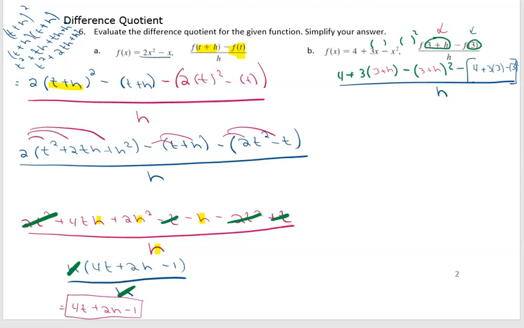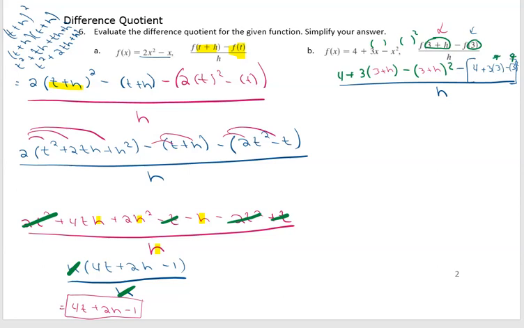Let's do some cleaning. Well, over here, we have 3 squared, so that's going to be 9. And over here, we have minus 3 squared, so that's going to be 9. So those are going to cancel. So we'll just be left with 4 here.